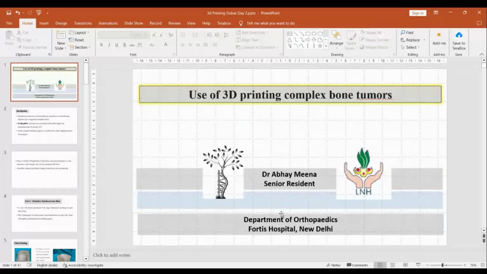Yeah, I'm not able to share the screen. May I know which device you are using? Yeah, it's coming, I guess, now. Yeah, the screen is shared. Can you make it in presentation mode? Yeah, it's visible to you?